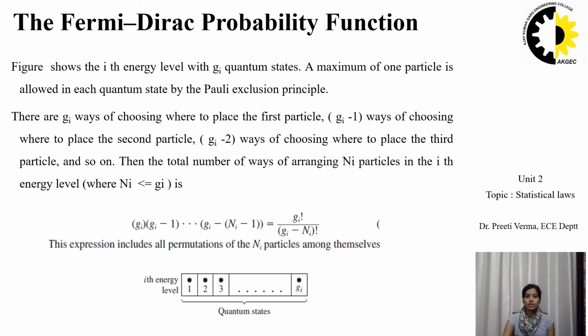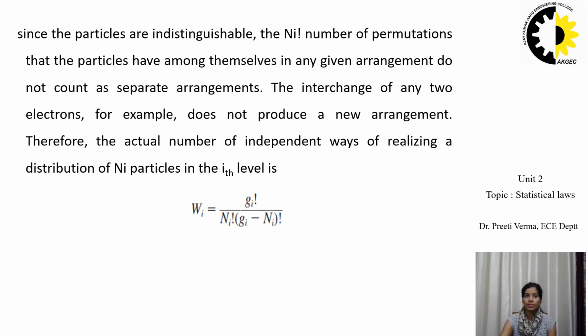So this expression includes all the permutations of the Ni particles among themselves. Since the particles are indistinguishable, the Ni factorial permutations that the particles have among themselves in any given arrangement do not count as separate arrangements.